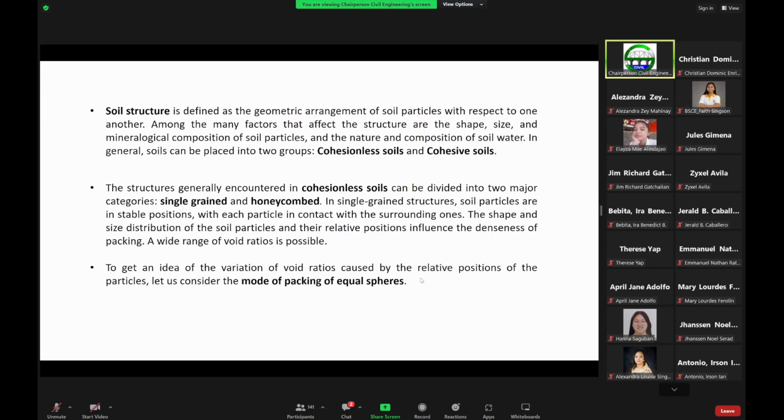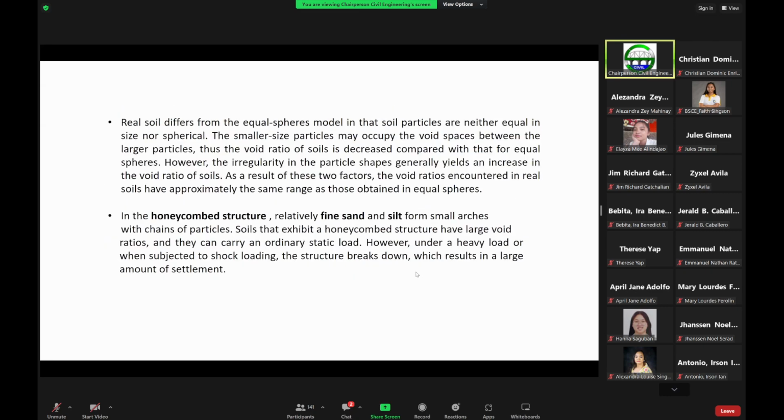For example, this one here is an example of a honeycomb structure wherein these are your soil solids and these are the voids. So they form something like this. This is a honeycomb structure.